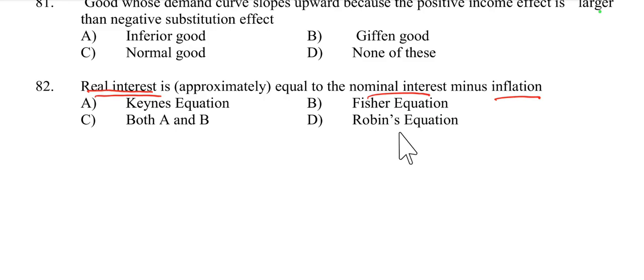This is Fisher's equation. The Fisher equation expresses the relationship between the nominal interest rate, real interest rate, and inflation. It states that the real interest rate is approximately equal to the nominal interest rate minus the inflation rate. So option B is right.